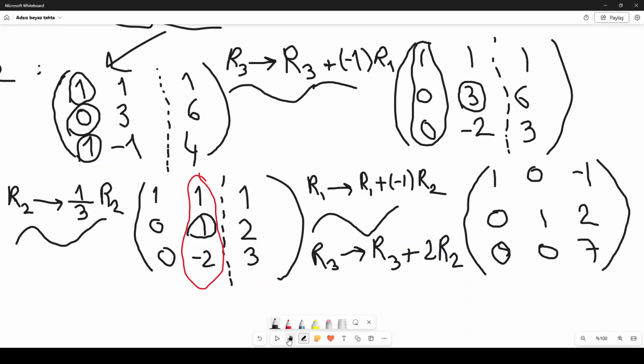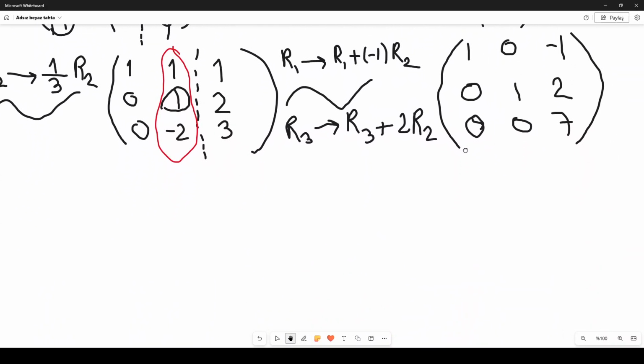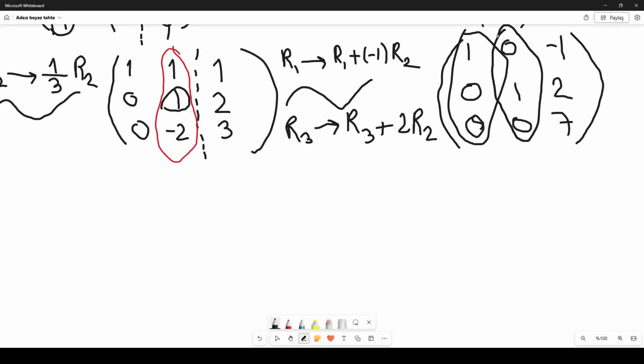Alright guys, we're almost done, but we're still not in the reduced row echelon form. There is something more to do, right? Because now I'm done with the first row and the first column. I'm done with the second row and second column, that's for sure. But I am not yet done with the third row, because the leading entry in the third row is 7, which is different than 1.